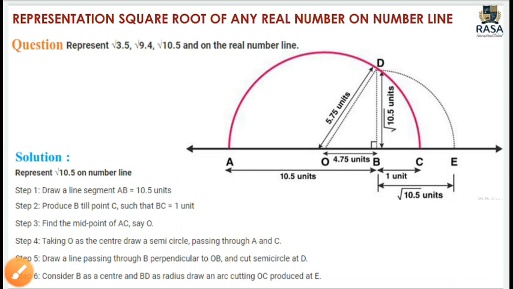So in this way we can understand that both rational and irrational numbers can be represented on the number line, and here we have understood how to represent the irrational numbers, which are square roots of particular numbers, on the number line.